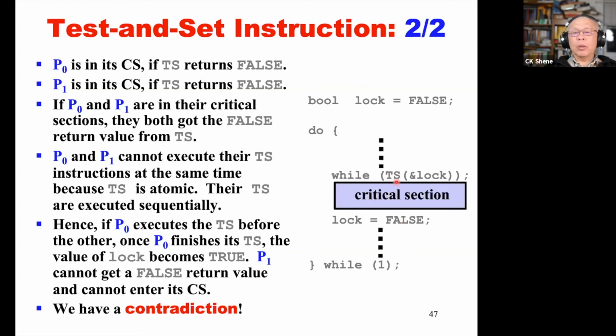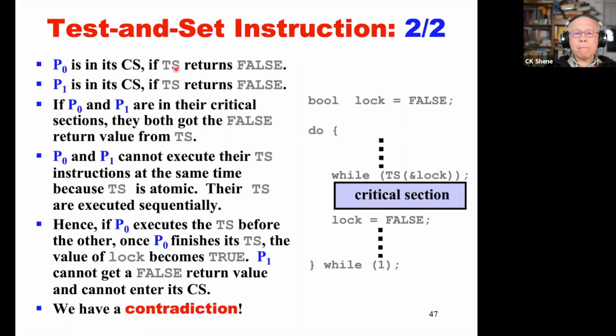And because this algorithm is completely symmetric, P1 is in its critical section if TS returns false to P1 here. Now we have found the condition for P0 to enter and the condition for P1 to enter.